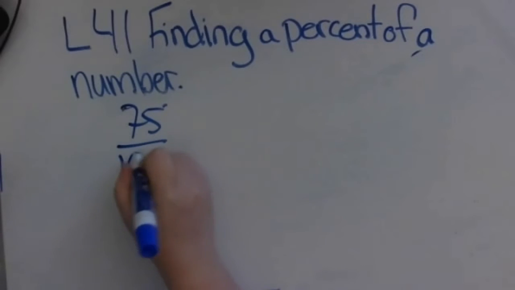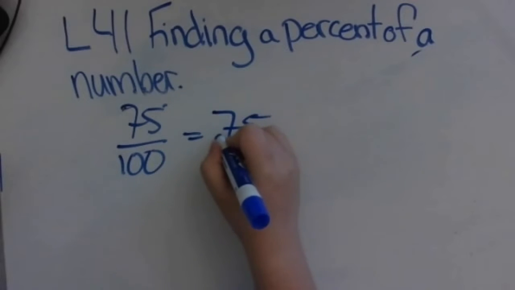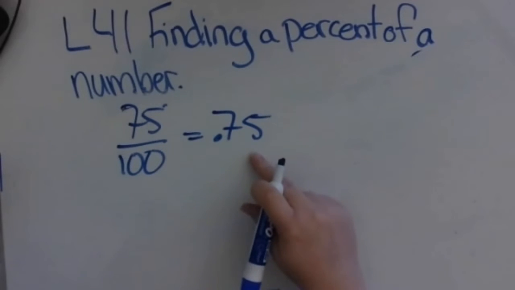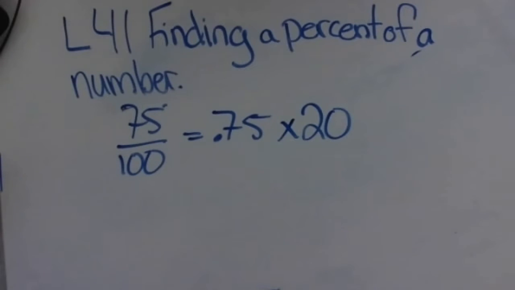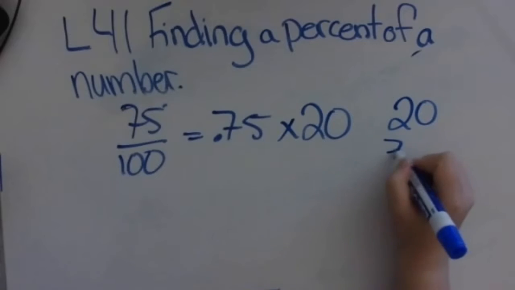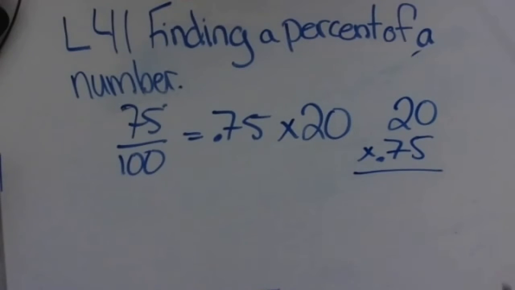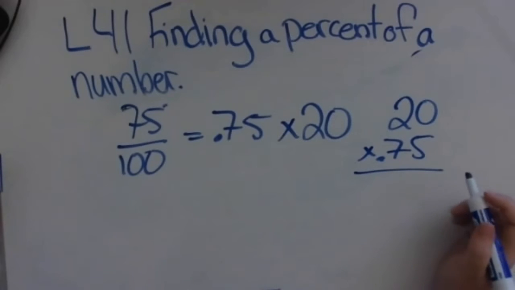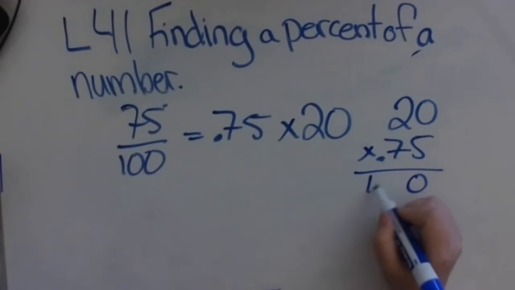Another way of doing it is to revert it into a decimal number. So 75% is 75 hundredths, and you take that 75 hundredths and multiply it by 20. So 75 hundredths times 20. Let's take our 20 and multiply by 75. 5 times 0 is 0. 5 times 2 is 10.